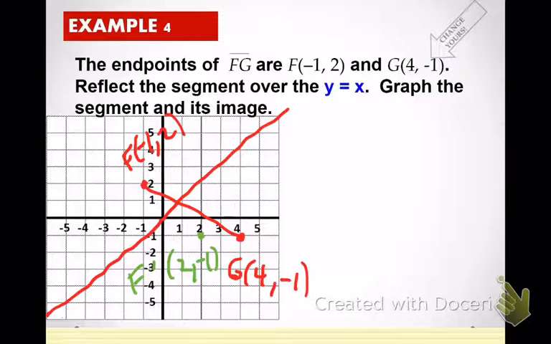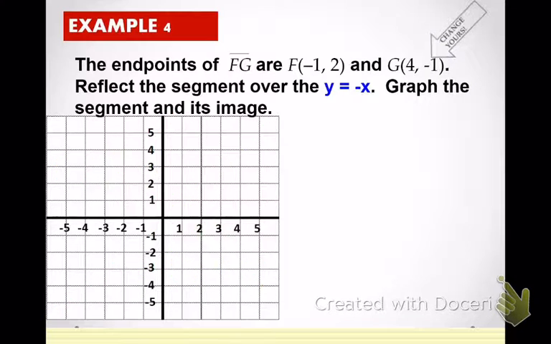Let's see if we can draw it here. There it is. That's going to be G prime, negative 1, 4. After you draw that line, you can see it's kind of like a mirror reflection across that line. Everybody got it? All right.